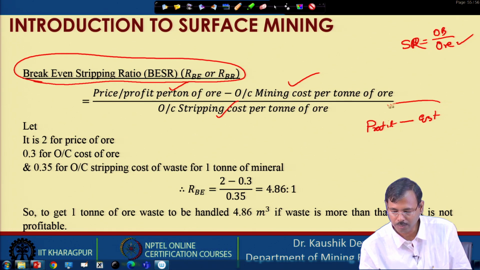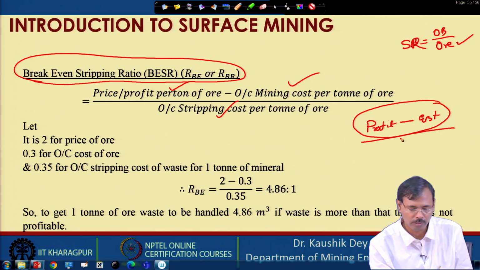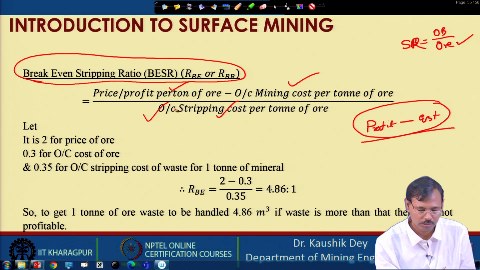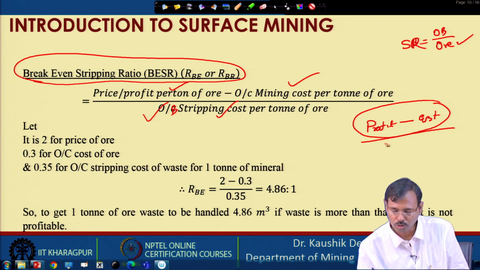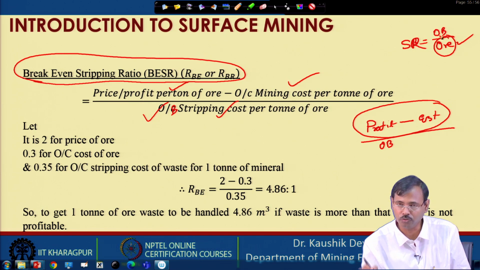So, the remaining amount lying with us, we are checking whether that amount is sufficient for excavating the overburden. So, overburden, that quantity of overburden which is required to excavate 1 ton of ore.